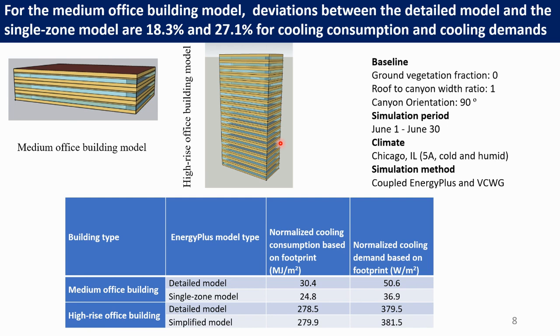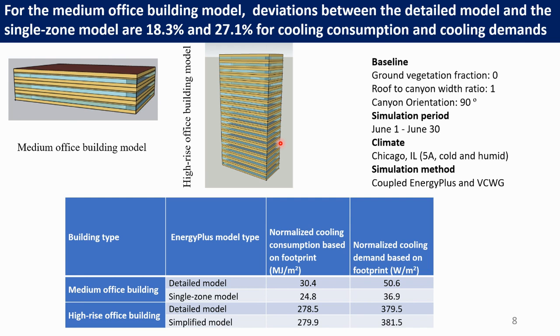So specifically for the medium-sized office building, we found the deviation between the detailed model and the single zone model pretty significant in terms of the cooling energy consumption and the cooling energy demand, about 18% and 27% respectively.